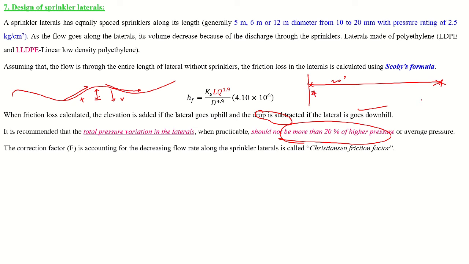From the start to the end, the difference between these two sprinklers should not be more than 20% of your higher operating pressure. A correction factor should account for the decreasing flow along the sprinklers, called the Christiansen friction factor. By using this correction factor, we can manage your flow rate in the lateral.